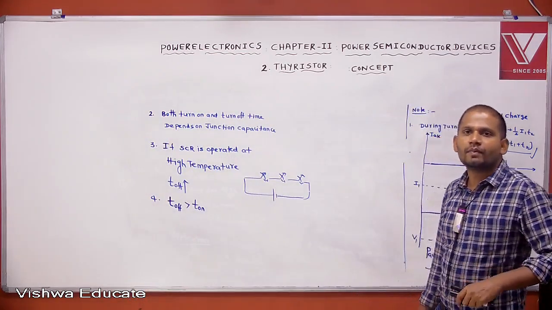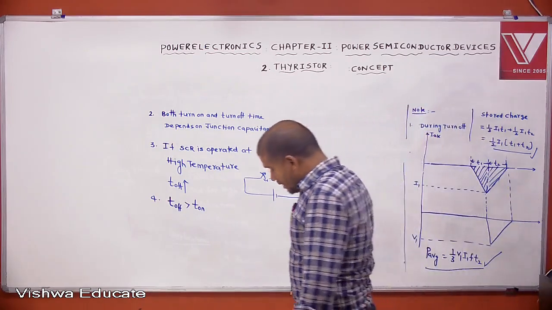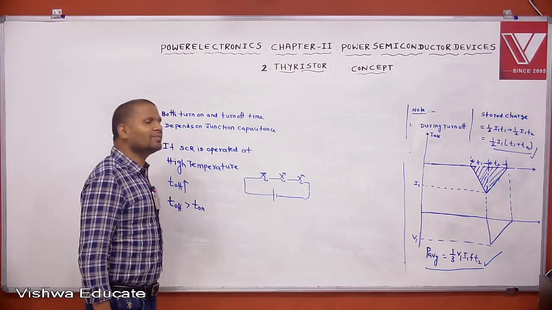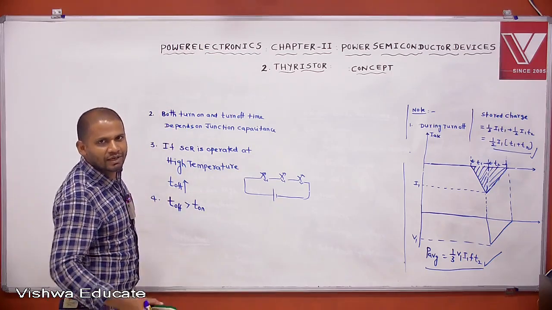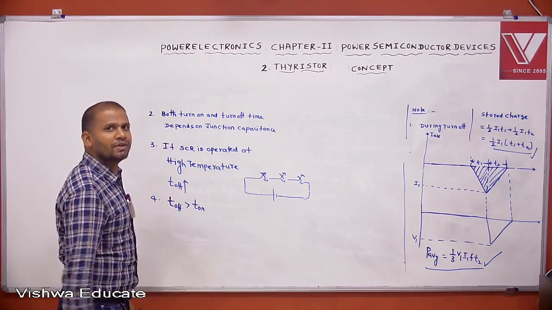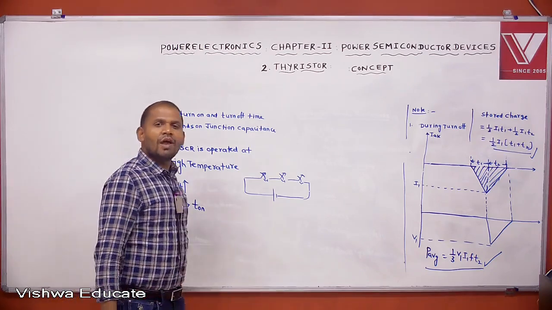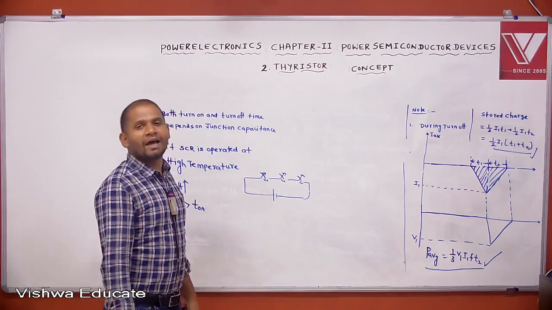Clear? Understood? Okay. Then go for another important characteristic of the thyristor. All these concepts come under the thyristor only. Still now I want to explain with respect to the thyristor: I want to explain gate characteristics.